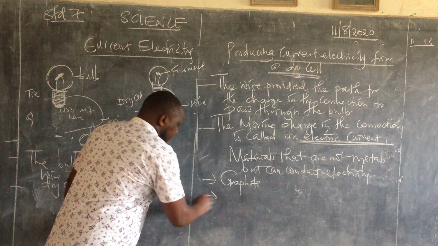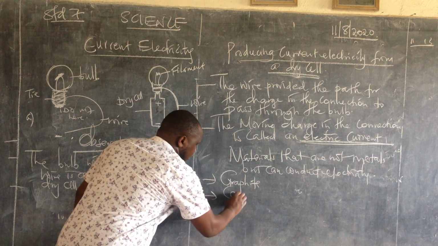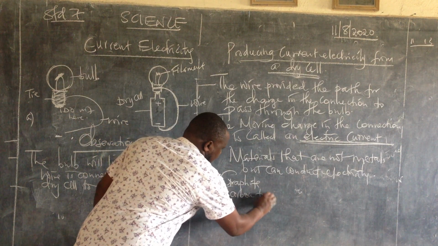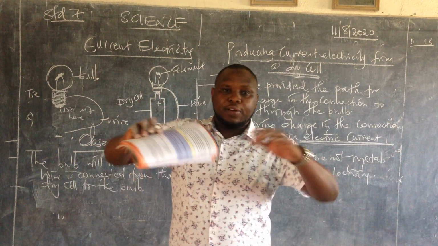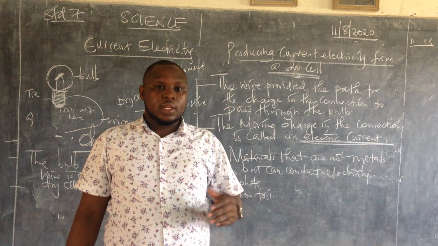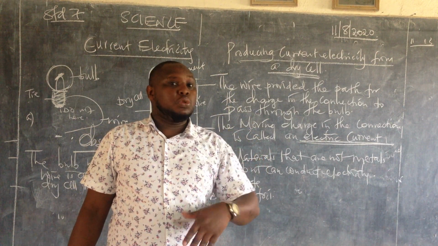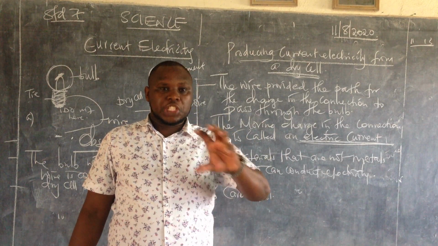Number two, we have what we call carbon foil. Carbon foil resembles the shiny paper that we use to cover food, or sometimes to wrap meat.